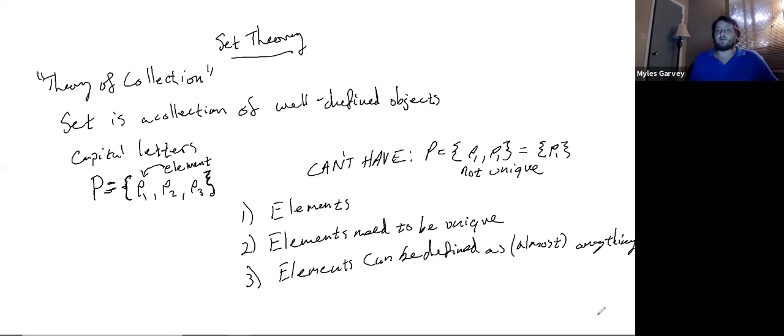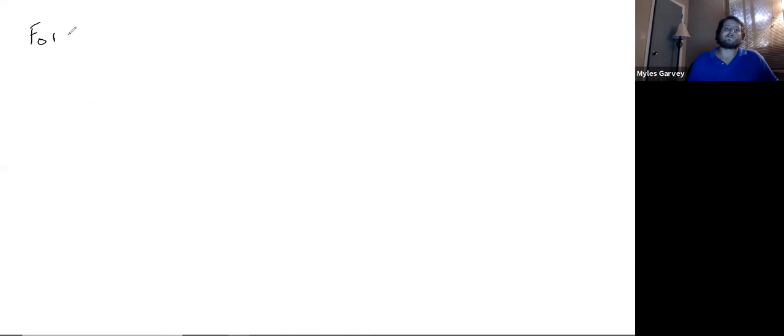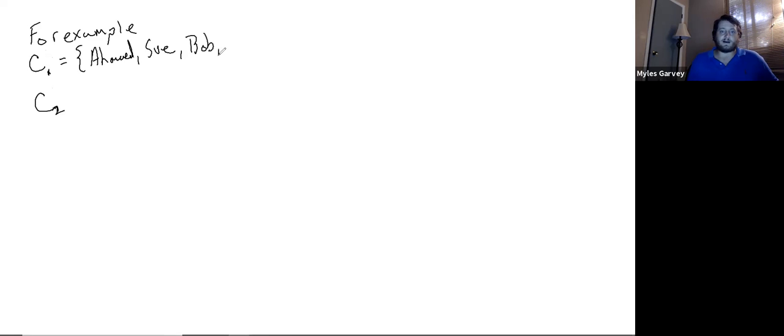So, for example, suppose I have two classrooms. I have classroom 1, which I'll denote by the set C1, and I have classroom 2. In classroom 1, suppose I have Ahmed, Sue, Bob, and Raphael.